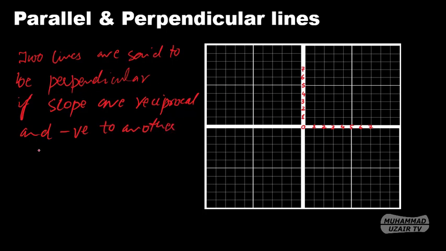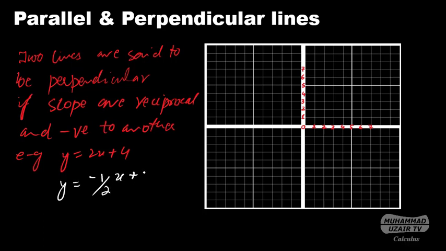So for example, these are the equations of two lines: y is equal to 2x plus 4 and y is equal to minus 1 over 2 x plus 4. So this slope m is equal to 2, and this is the reciprocal and negative of this slope. So this will be the equation of the second line.